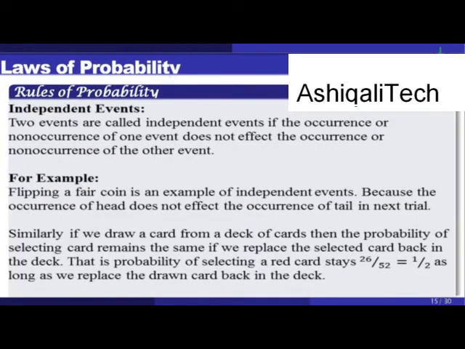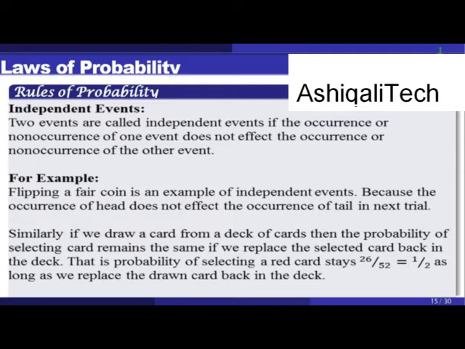Dear students, now we define dependent and independent events. First of all, independent events. Two events are called independent events if the occurrence or non-occurrence of one event doesn't affect the occurrence or non-occurrence of the other event. For example, flipping a fair coin is an example of independent events because the occurrence of head does not affect the occurrence of a tail in the next trial.